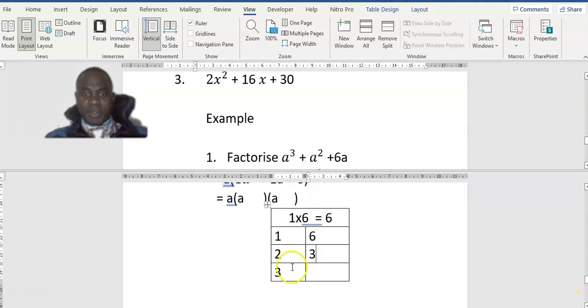Let's use 3. We can't use 3 because we have 2 and 3 here. So we can't use 3. We have to move on to 4.